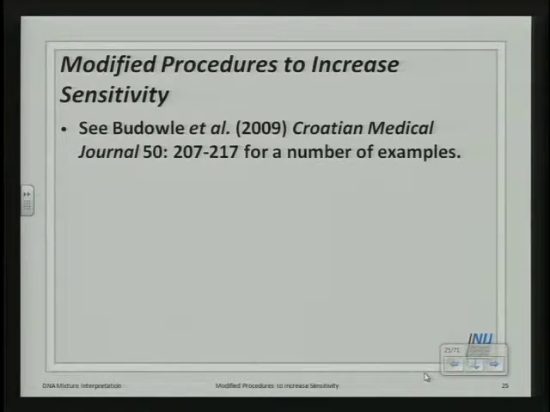There are different procedures or ways to increase sensitivity. Bruce Budowle has an article in the Croatian Medical Journal. He lists a number of examples of procedures to increase sensitivity. I'll go through a few of these and show you some of the advantages and disadvantages.